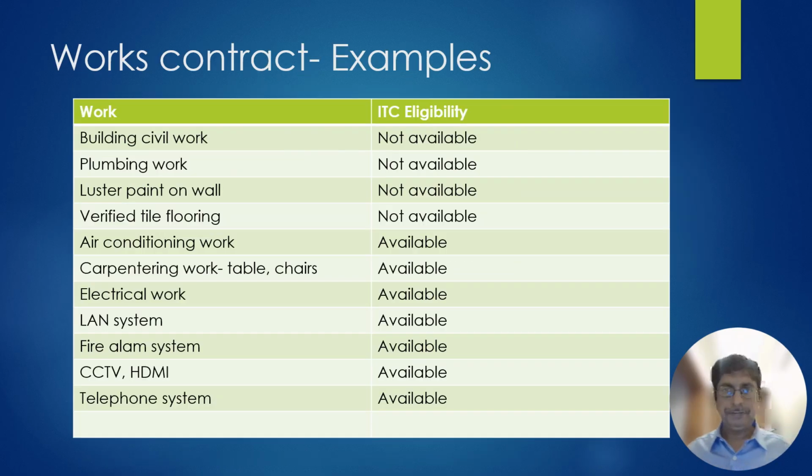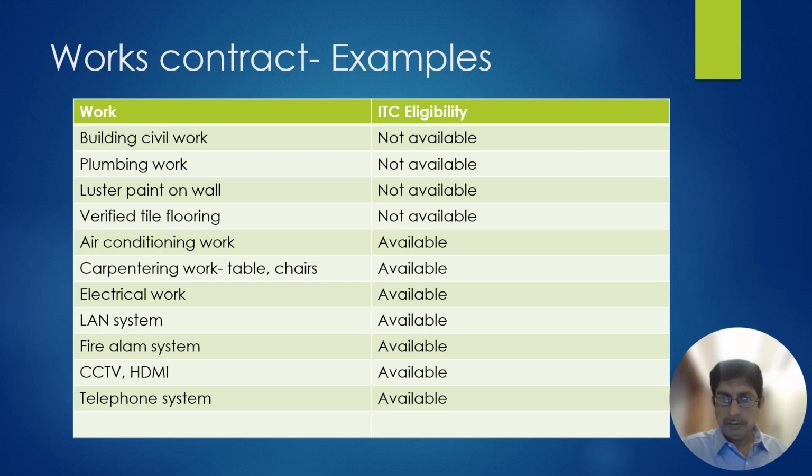definition part of it. Now let's take some live examples of when the GST credit is available and when it is not available, when the expenses are incurred in relation to the works contract. First is building civil work. Building civil work is generally related to immovable property. It is fixed to earth, therefore the GST credit is not available.